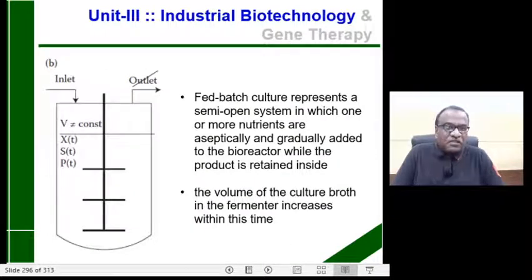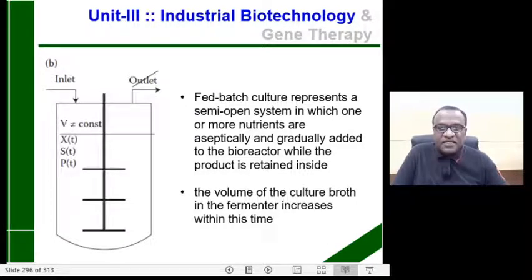Now moving on to the second mode of operation, that is fed batch culture. Fed batch culture represents a semi-open system in which one or more nutrients are aseptically and gradually added to the fermenter while the product is retained inside the fermenter.